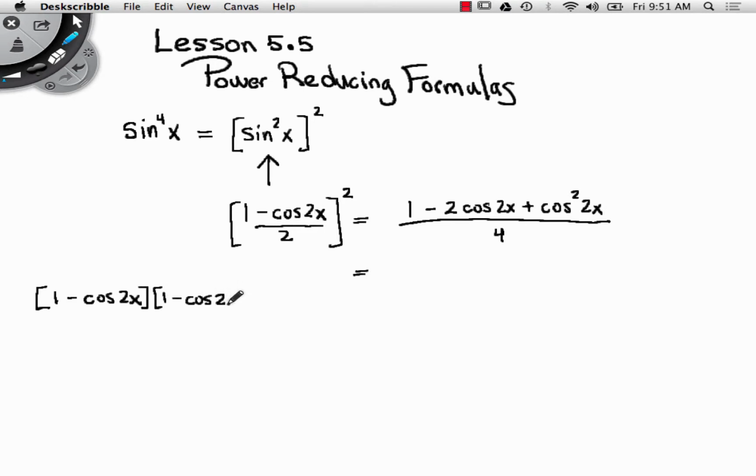Then I do the first, the outer, the inner, and the last. And when you do the outer and the inner, they just add up to 2 times that. Got you. That's where that comes from. All right, do you see that this is all divided by 4? So what I'm going to do instead is put a 1/4 out front, which is equivalent.